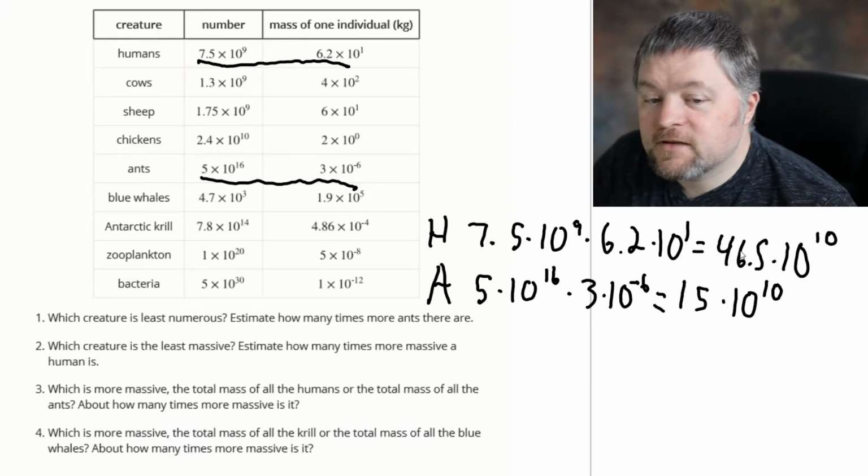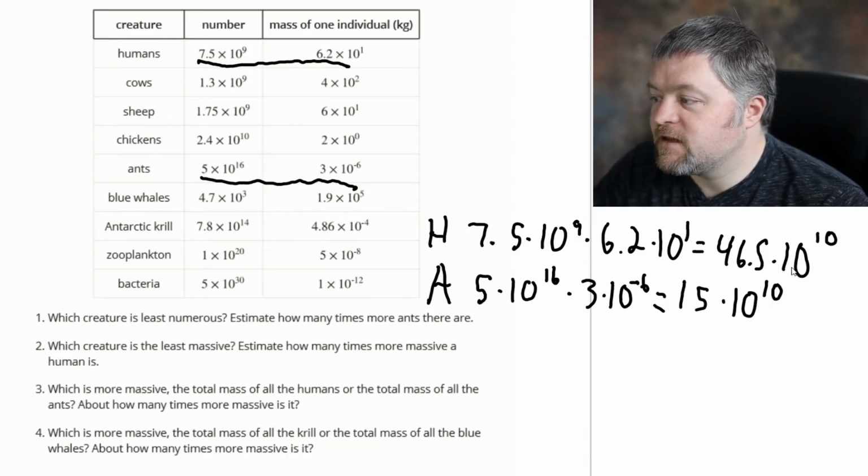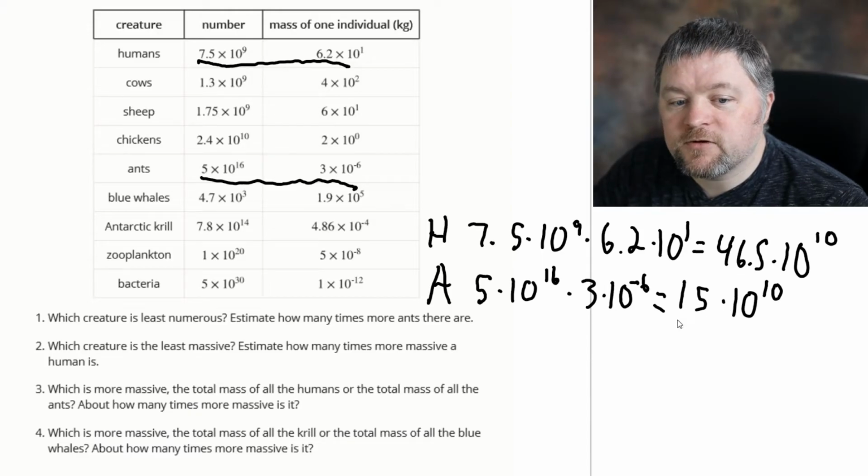So this came out kind of interesting. They are surprisingly fairly close to each other. These have the same exponent now. However, they are not both currently in proper scientific notation.